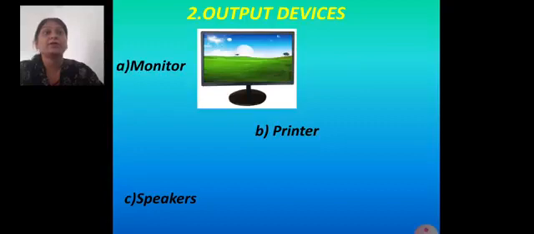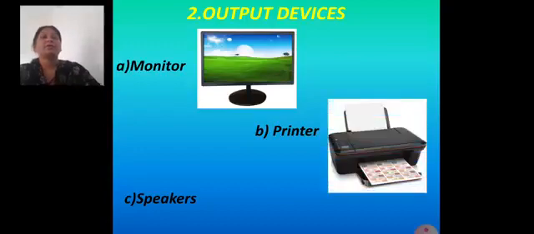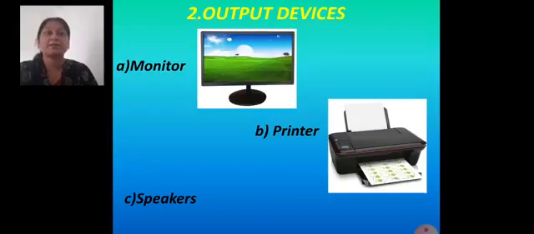Okay, now the printer. There are different types of printers, some color printers, some black and white printers also. We have seen the scanner: with the help of a scanner we put something into the computer. So with the help of a printer we take something out from the computer.